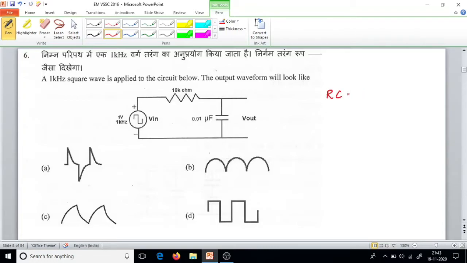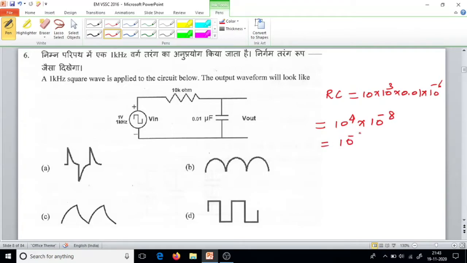RC time constant of the circuit is 10 multiplied by 10 to the power 3, multiplied by 0.01 microfarad, 10 to the power minus 6. So 10 to the power 4 multiplied by 10 to the power minus 8.